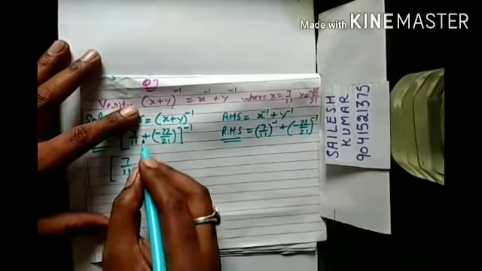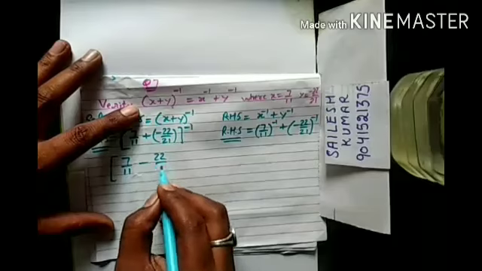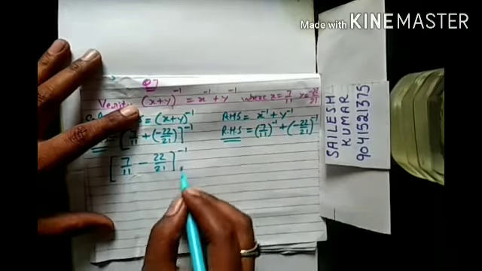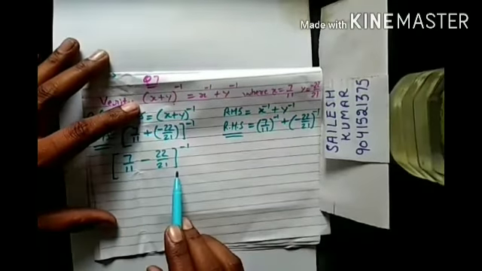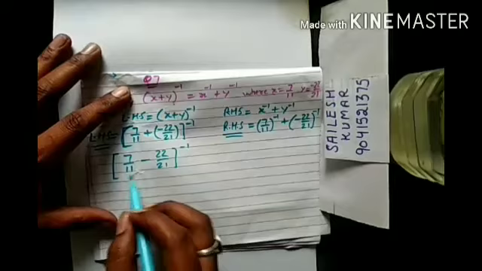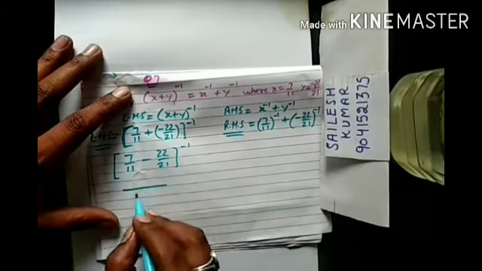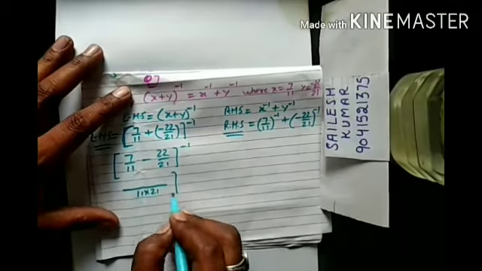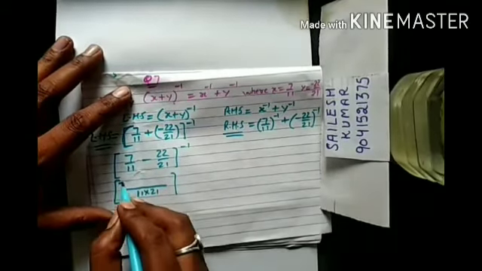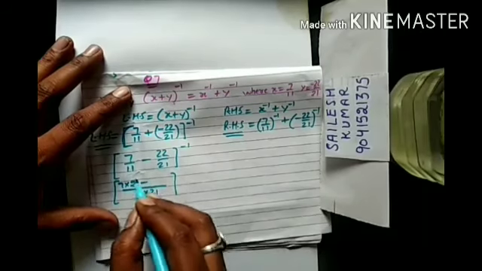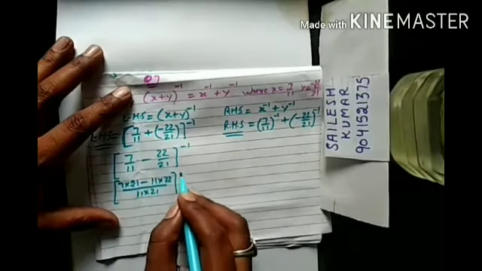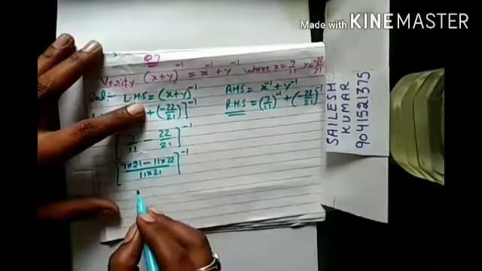So 7 by 11 plus minus 22 by 21. Now for 11 and 21, their LCM will be their multiplication, 11 multiply 21. 7 multiply 21 minus 11 multiply 22.